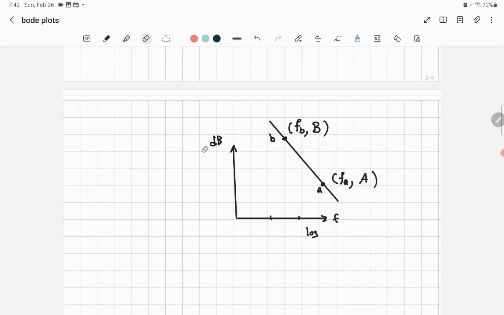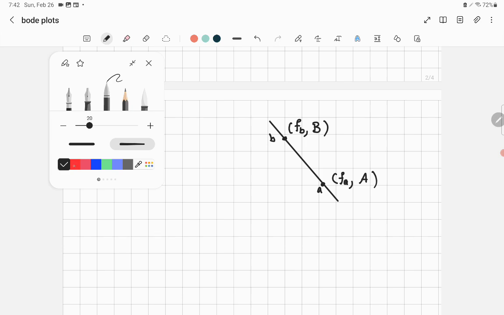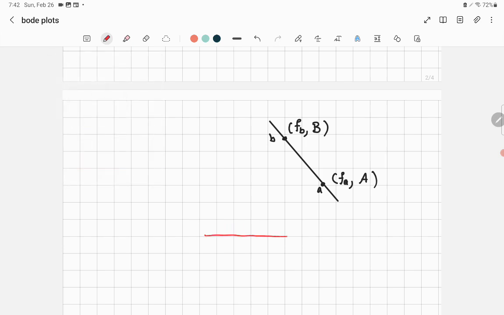So what does it mean? It means that if you have the logarithmic scale, I will just show you now. If you go there, that's the frequency. If you go down here, that's FA. You go down there, that's FB. And the vertical axis is the decibel.